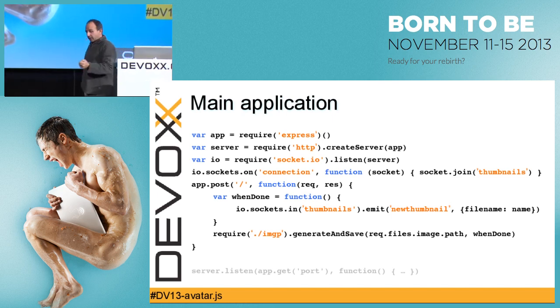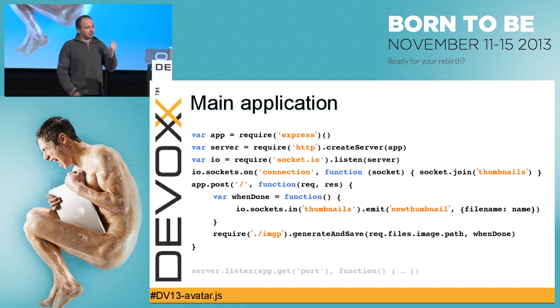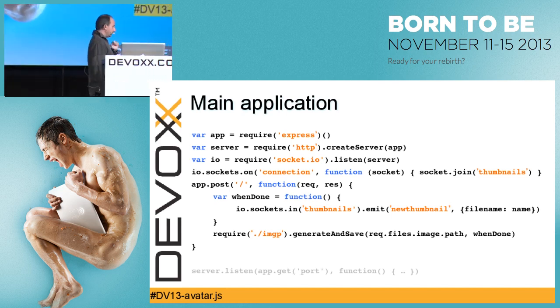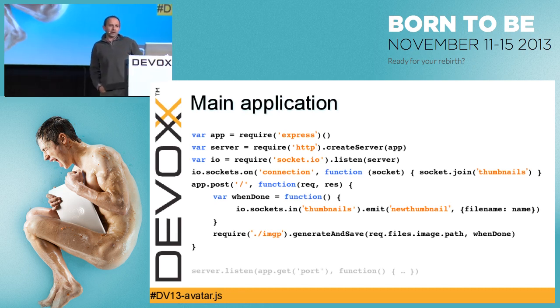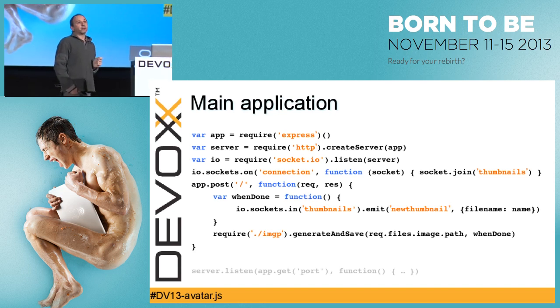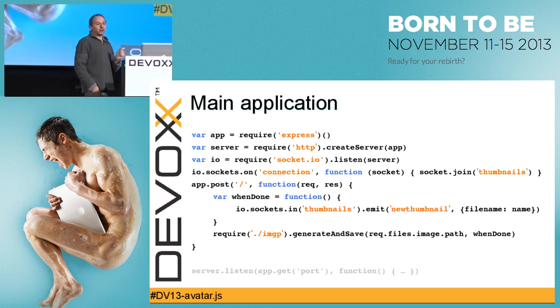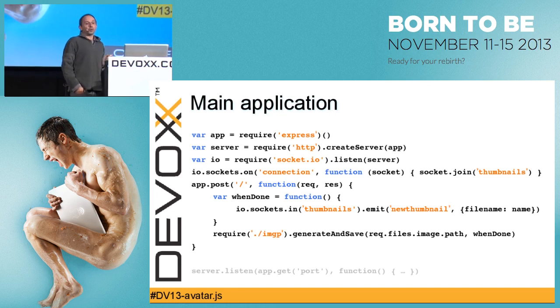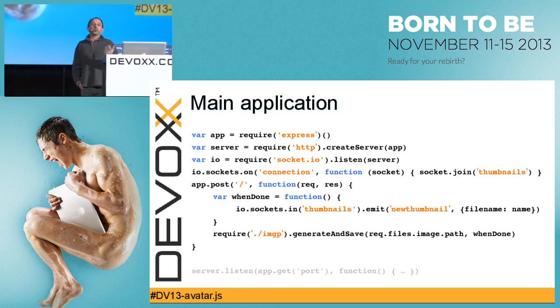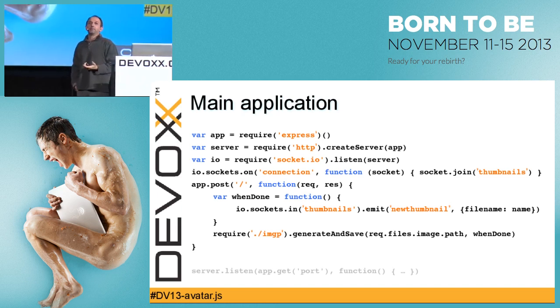So when the images that have been uploaded are saved and thumbnails generated, we have a Socket.io API usage. For each socket in the thumbnails room, I'm emitting a new thumbnail event, passing to it a JavaScript instance composed of a single property, file name, with the name of the thumbnail.